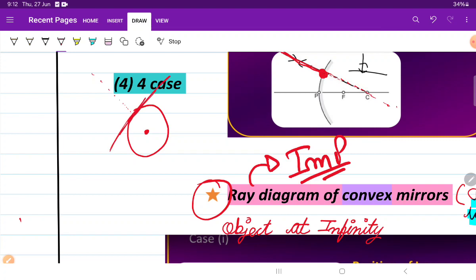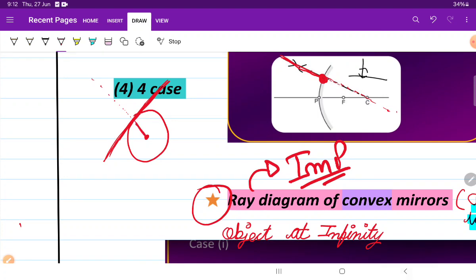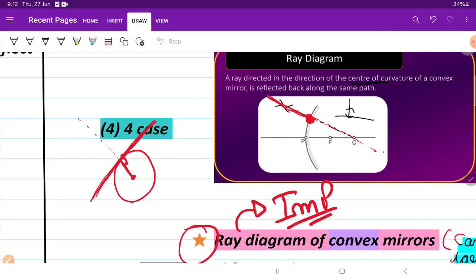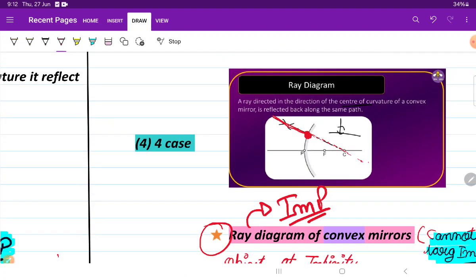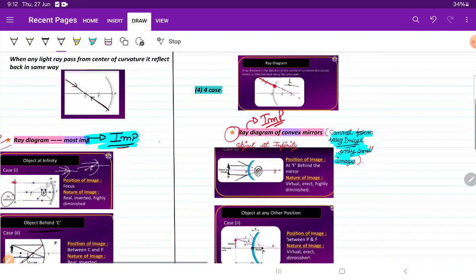This surface is tangent, this is the tangent, and this is the radius of curvature. This is the 90 degrees, then it is coming from infinity to the C and reflected back to the C only. This is the fourth case. I hope that you understand that.